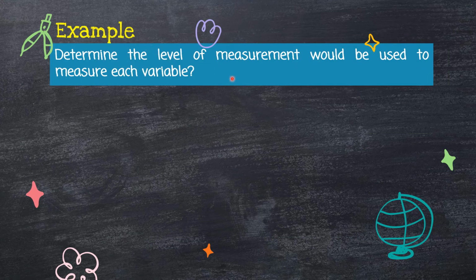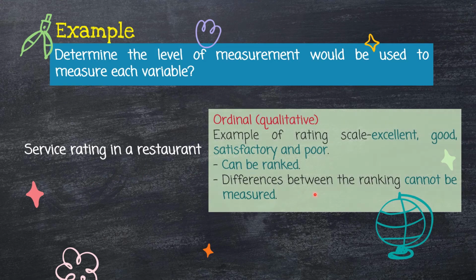Example: determine the level of measurement that would be used to measure each variable. Service rating in a restaurant. So the variable uses the ordinal scale, which is qualitative. Examples of rating scale are excellent, good, satisfactory, and poor.